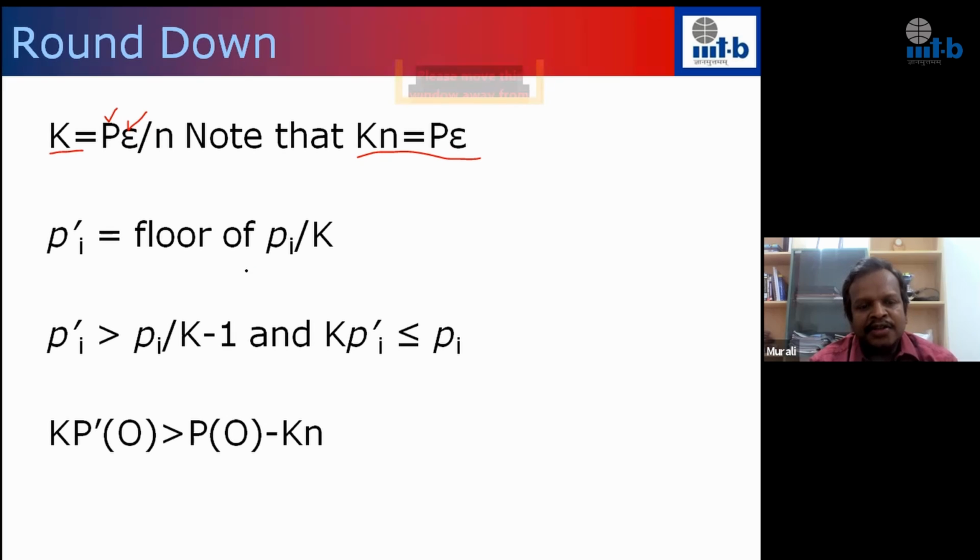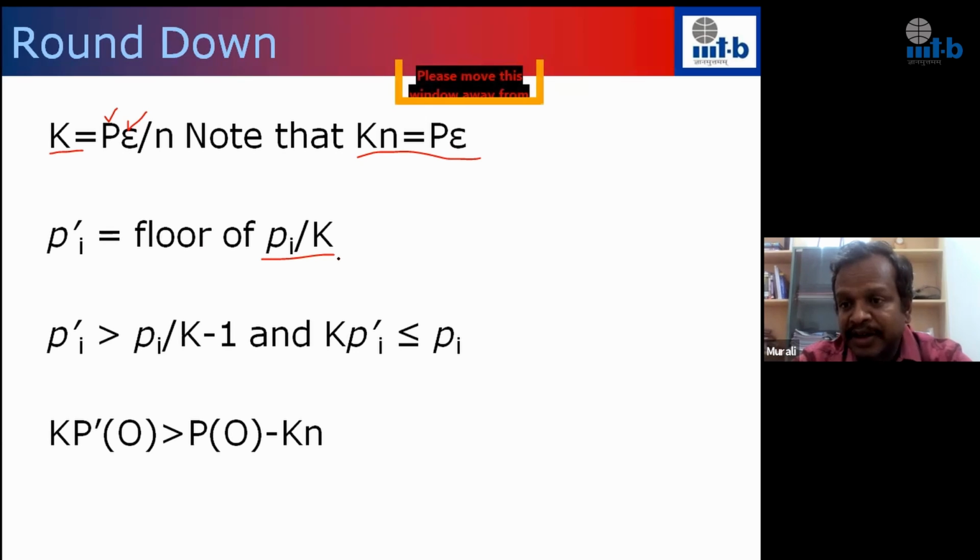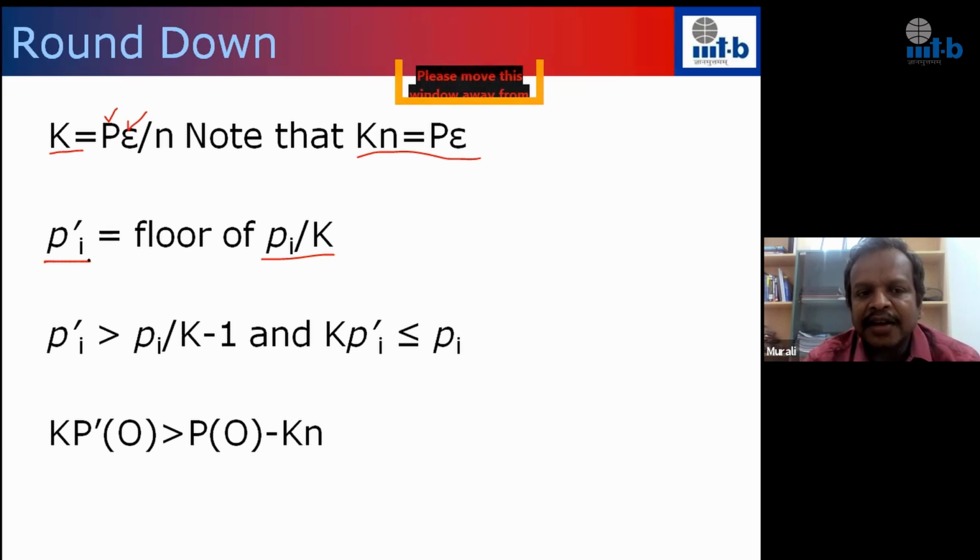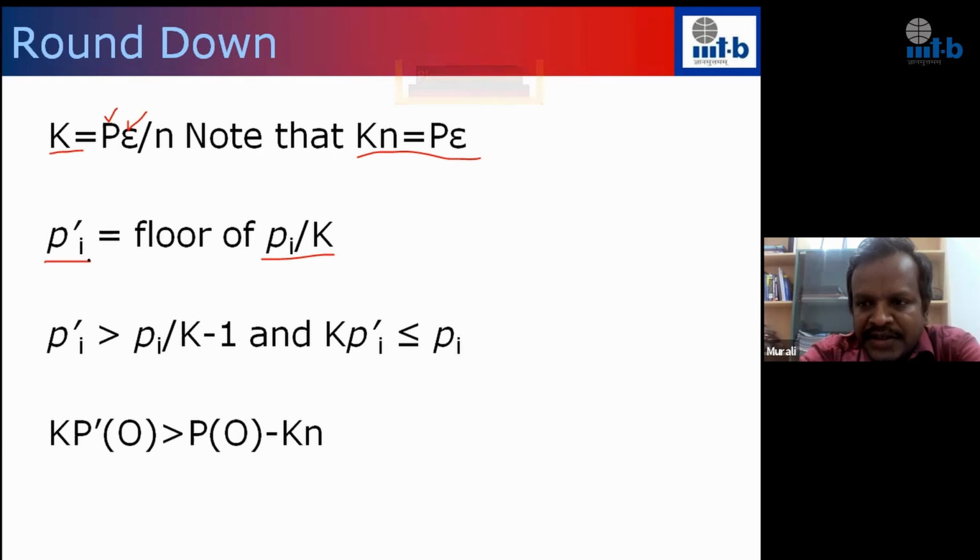Okay. So now all the profits you divide by k and take the floor value of it, because I want all the p_i's and the w_i's, everything, to be integers. When I do p_i divided by k, what I get is a fraction, so just keep track of the floor integer part of it. That will be your new p_i's. I'll call it the rounded down version of the problem. The profits here are all denoted by p_i dashes.